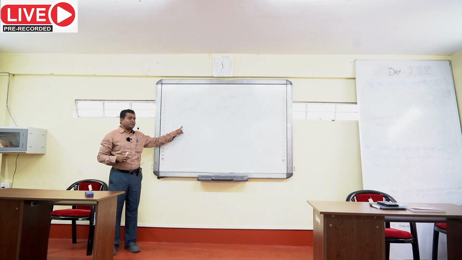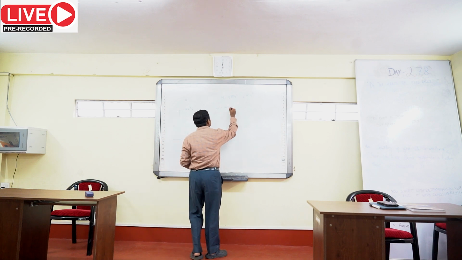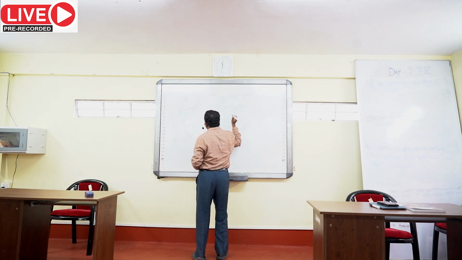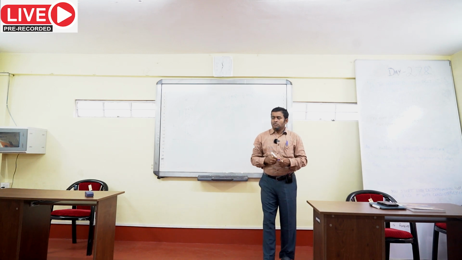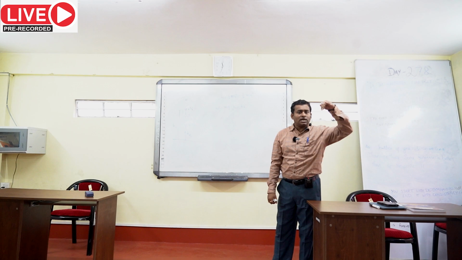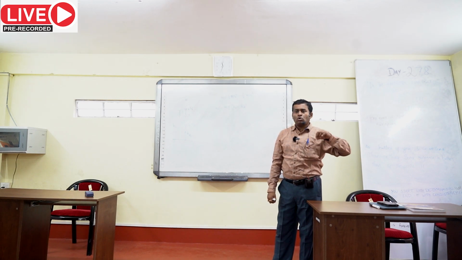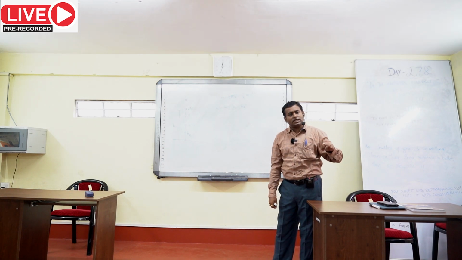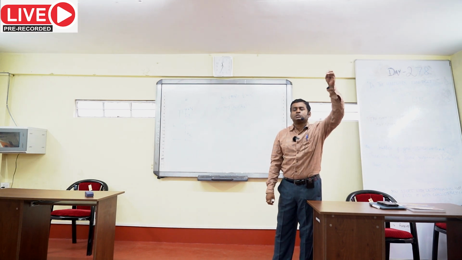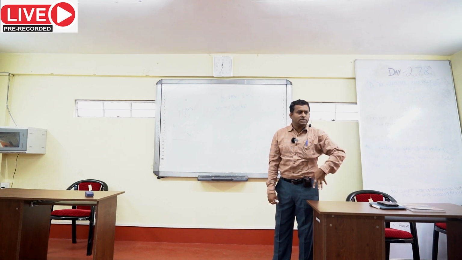So can I write here mg into h1 minus h2? This is the displacement of the body in which direction? Downward. Force and displacement both are in the same direction, so work done is positive by gravity in this particular case, because the body is not moving up, it is falling under the action of gravity.